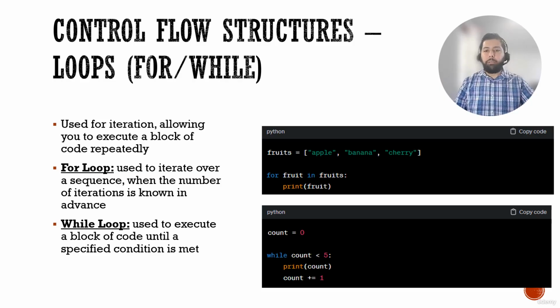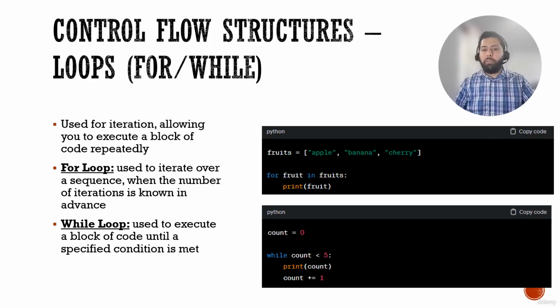Looking at an example here. If you look at the top here, here's an example of using the for loop. So here you have fruits, and then you have a little list here: apple, banana, and cherry. We're going to talk about loops much more later, but right now I'm just introducing the basic idea, right?